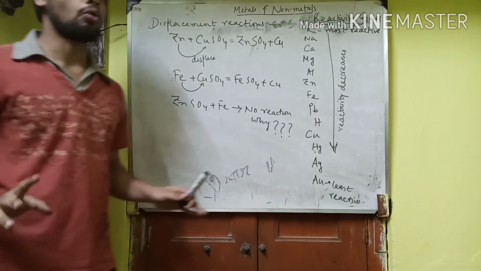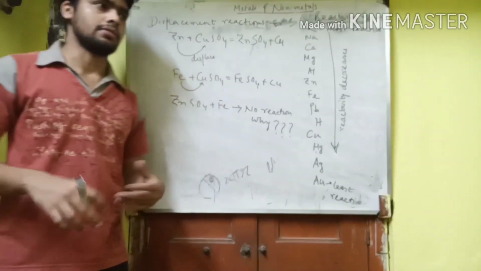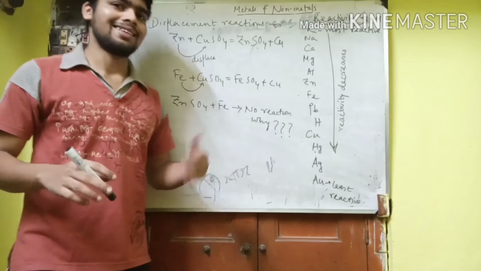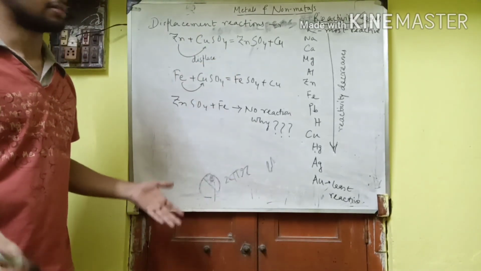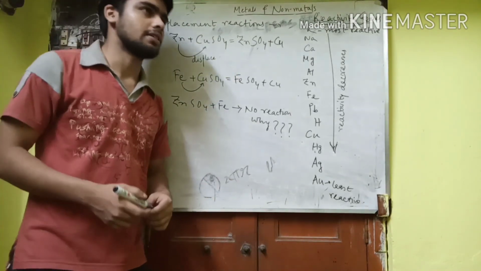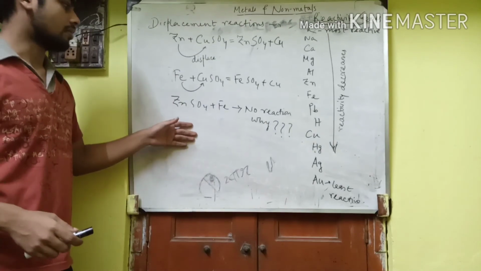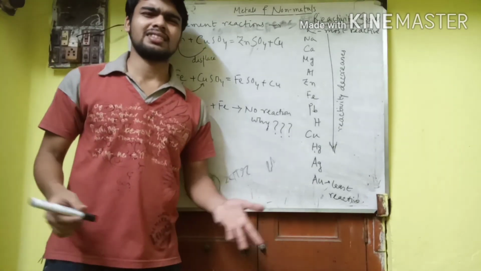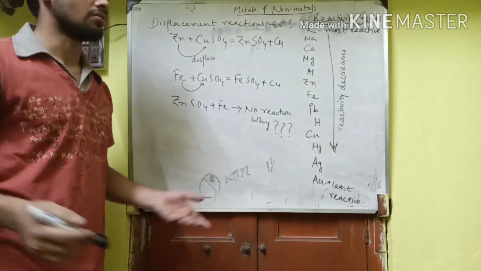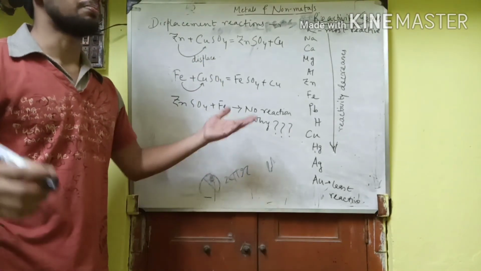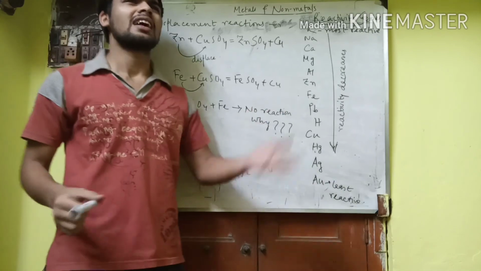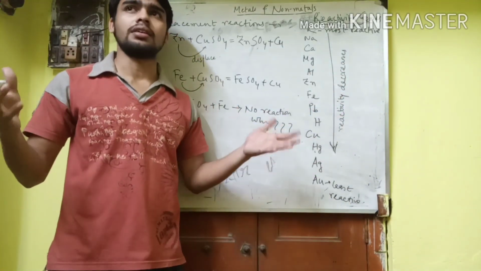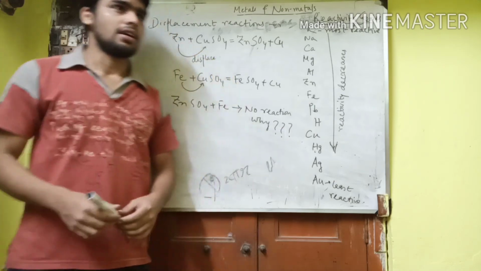So now I hope you are all aware of these topics, and another part remains, that is the use of metals and non-metals. These are very basic things. You all know that metals are used to make strong things, such as airplanes, trains, trucks, and very hard things around us.